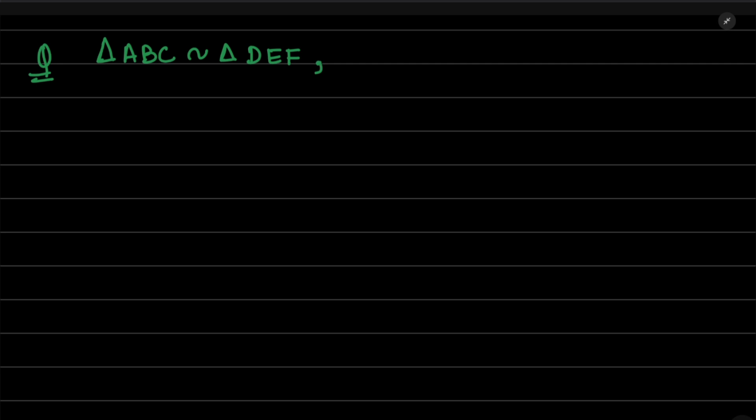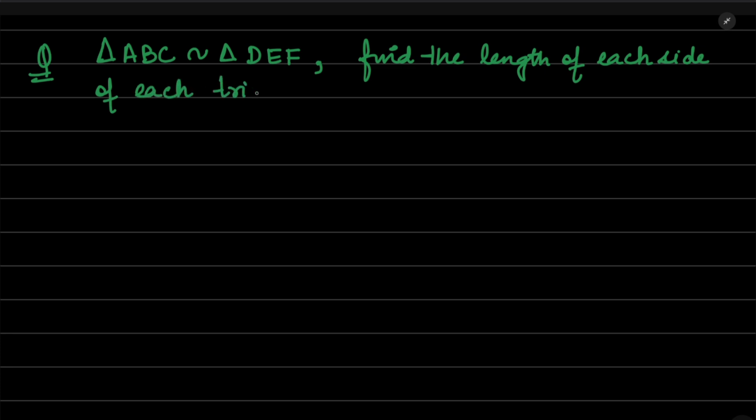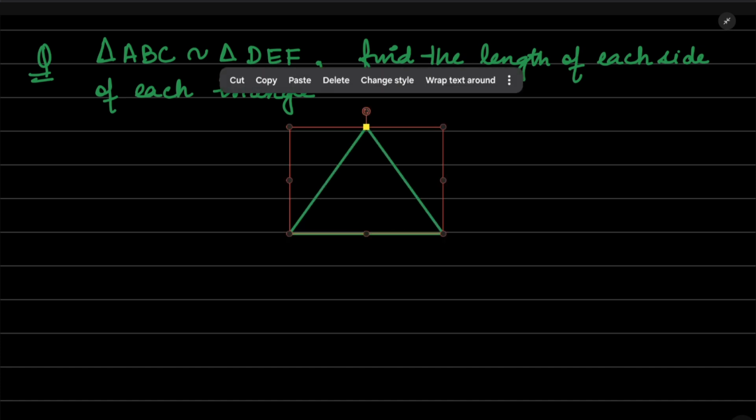You are only given that the two triangles are similar, and you have to find the lengths of each side of both the triangles.